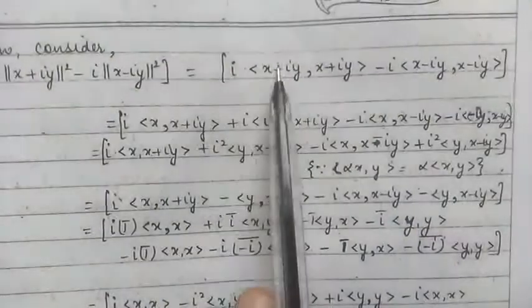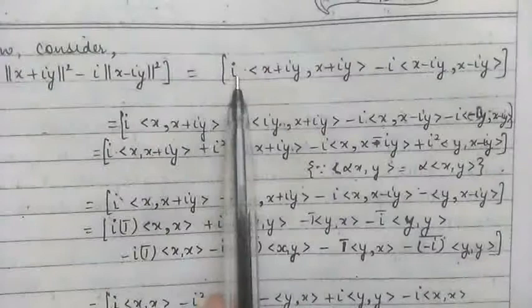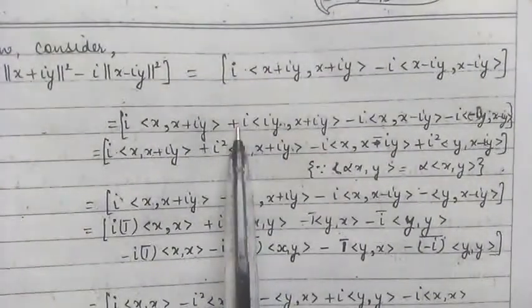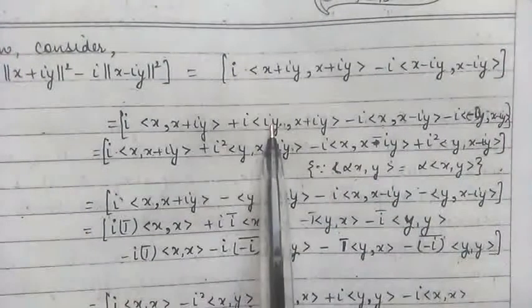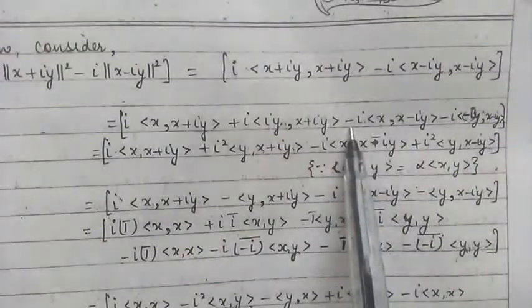So again, using the property of linearity, this will further be equal to iota into inner product of x with x plus iota y plus iota into inner product of iota y with x plus iota y. Here also minus iota will remain as it is.